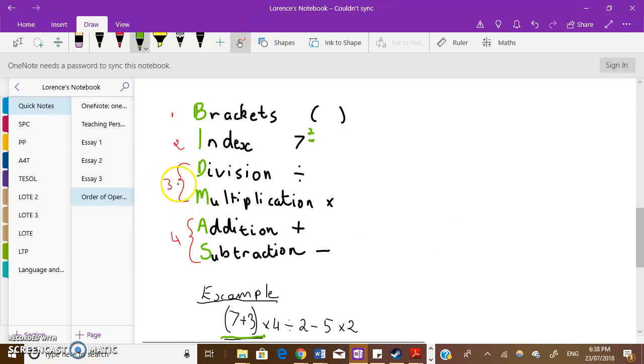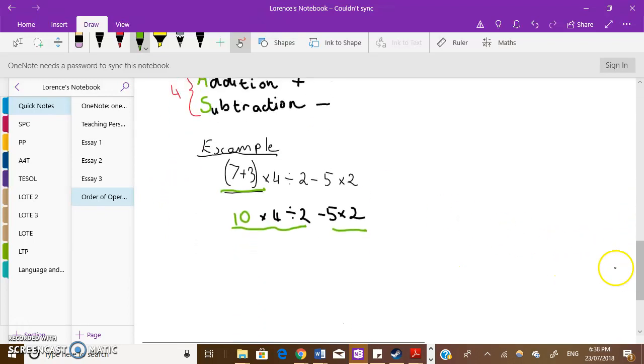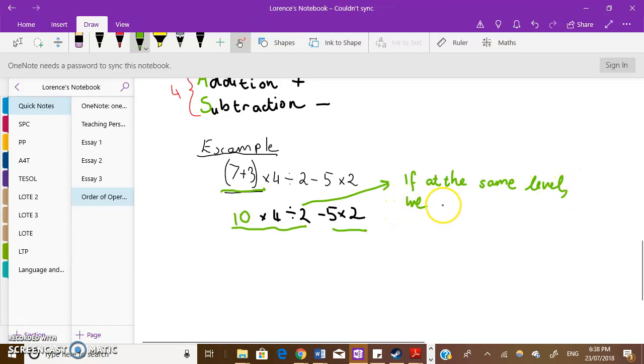What we do is, I'll write this here: if at the same level, we must solve from left to right.